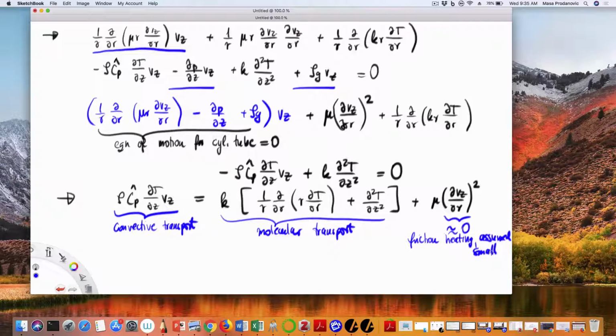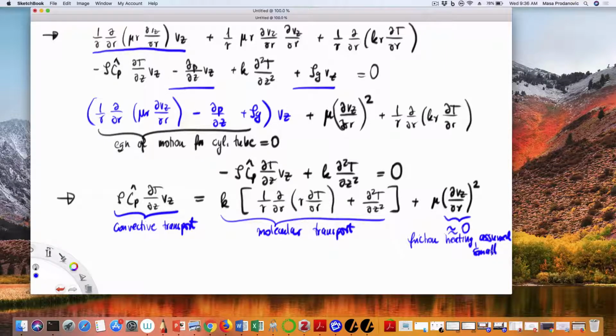The z component transport will be dominated by convection with velocity vz. So when I compare these two and these two, this one loses in both types of comparison. So in my z direction, this type of convective transport is most likely dominant.